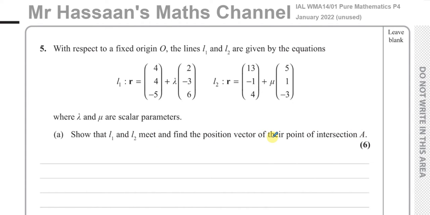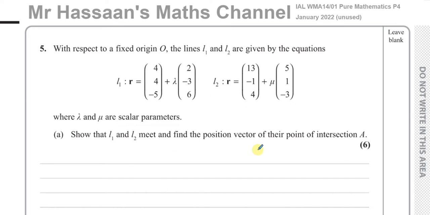So we have to show that they meet and find their point of intersection. There are some questions I've done previously where it just says, given that they meet, find the point of intersection. These two questions have different procedures. The question where it says, given that they meet, find the point of intersection, is worth fewer marks because you have to do fewer steps, as you don't have to prove that they meet.